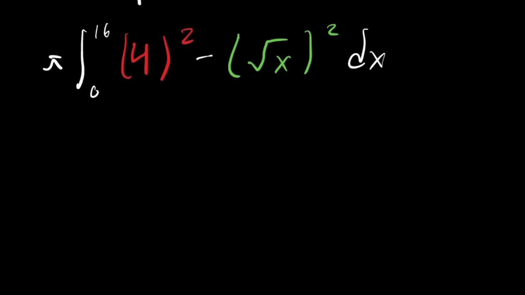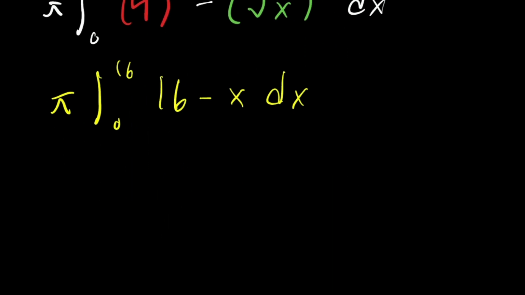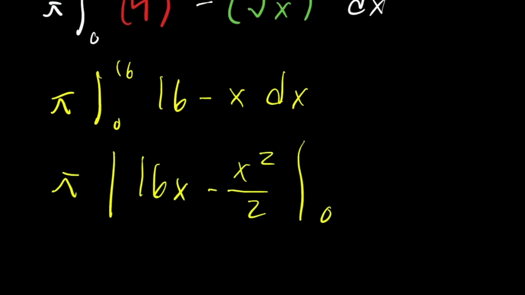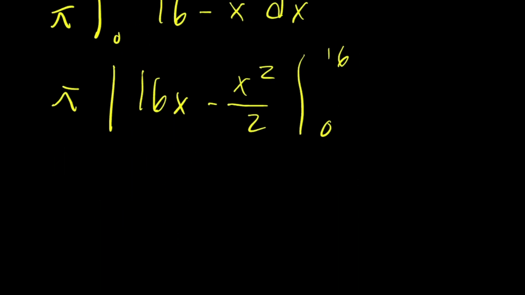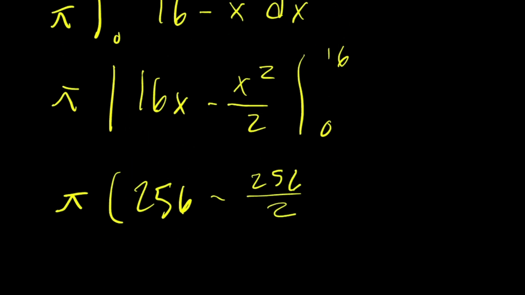So now we're left with pi times the integral of 16 minus x dx. That's not too bad. Pi, now we're integrating 16x minus x squared over 2 from 0 to 16. 16 times 16 is 256 minus 16 squared, which is also 256, over 2.